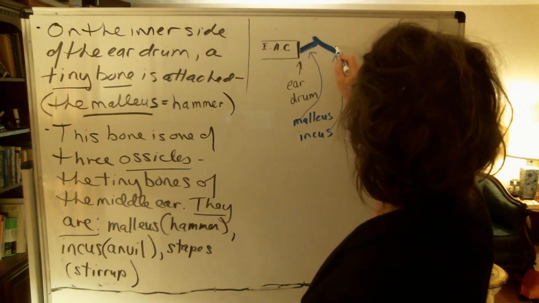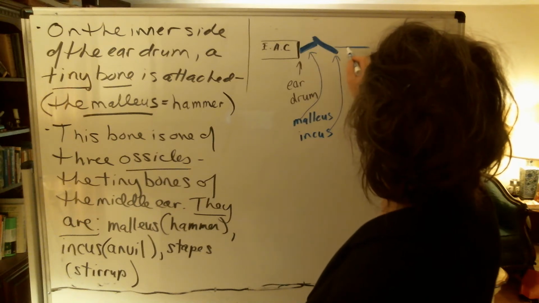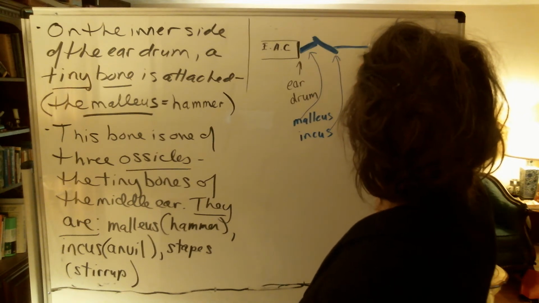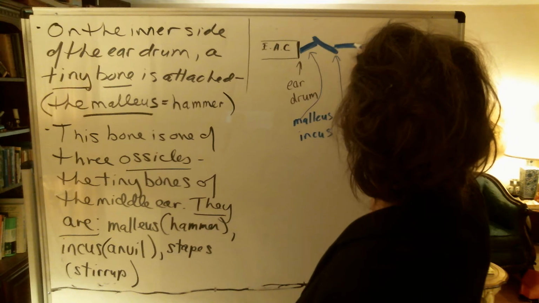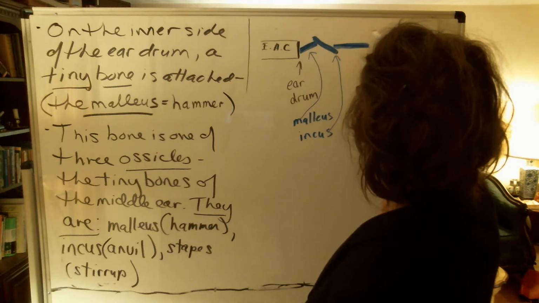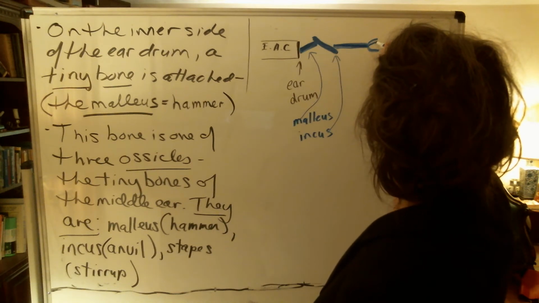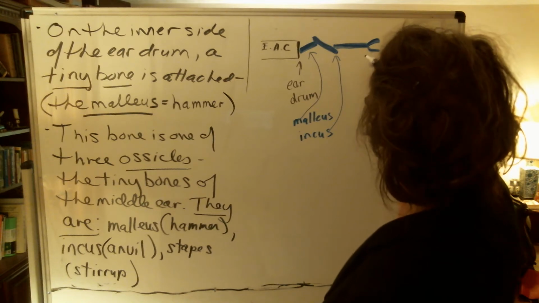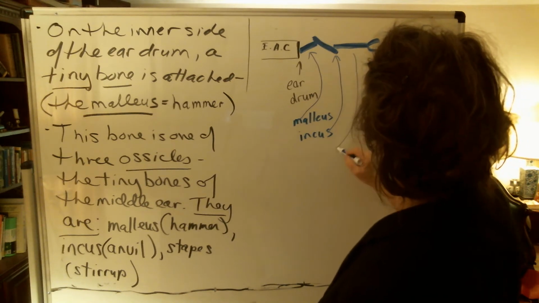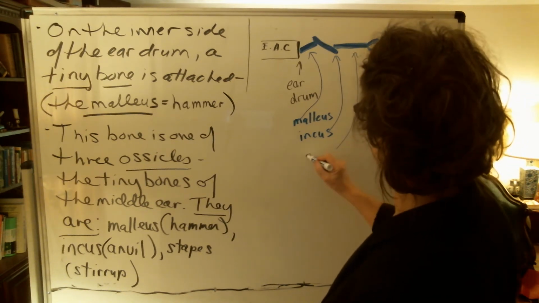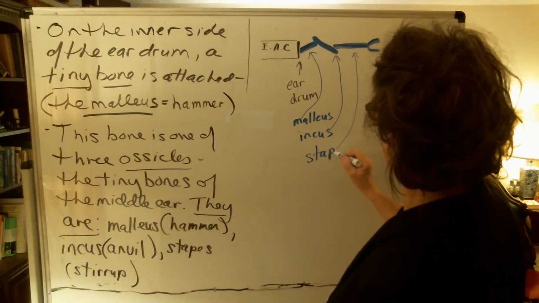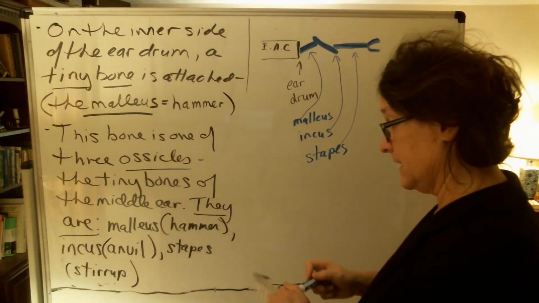And then finally, we're going to have at the end the stapes, which really does have a little thing like the end of a stirrup on it. So then that is the stapes.